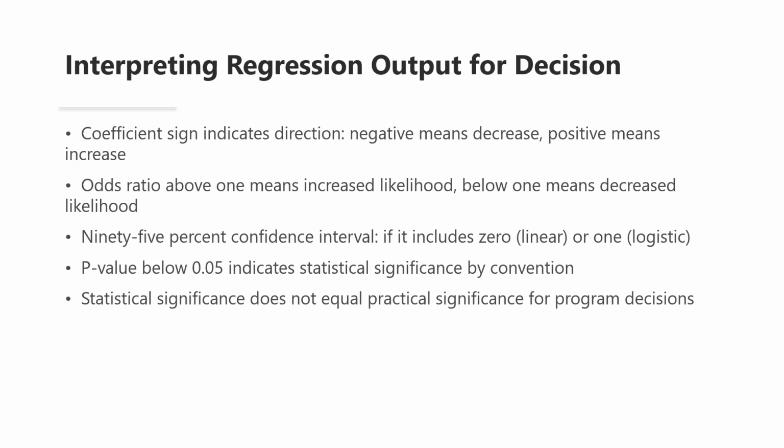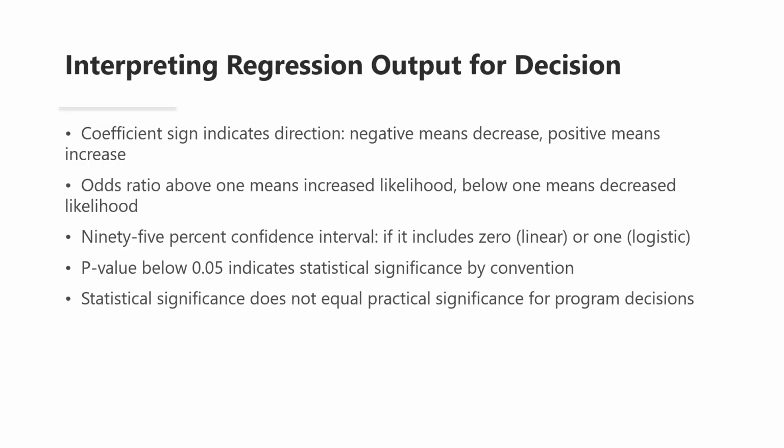First, in linear regression, the coefficient for each variable tells you the direction and magnitude of the relationship. A negative coefficient means that as the predictor increases, the outcome decreases. A positive coefficient means both move in the same direction.